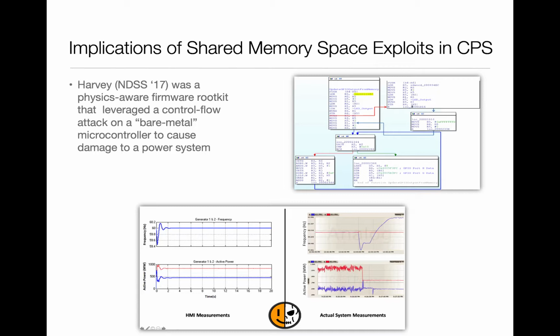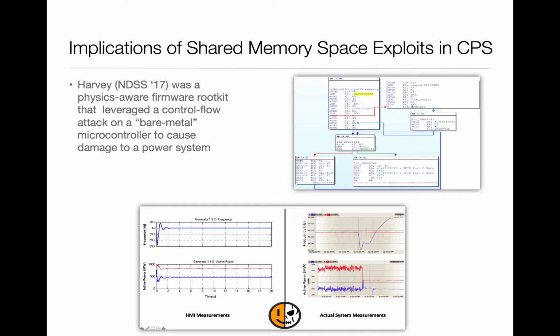To implement this attack, we used an exploit to perform a control flow attack, and this essentially allowed us to subvert the GPIO mechanisms of the system to attack a power grid.